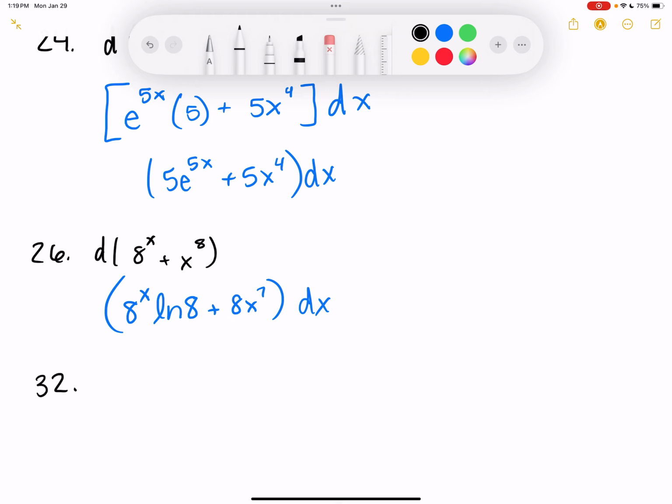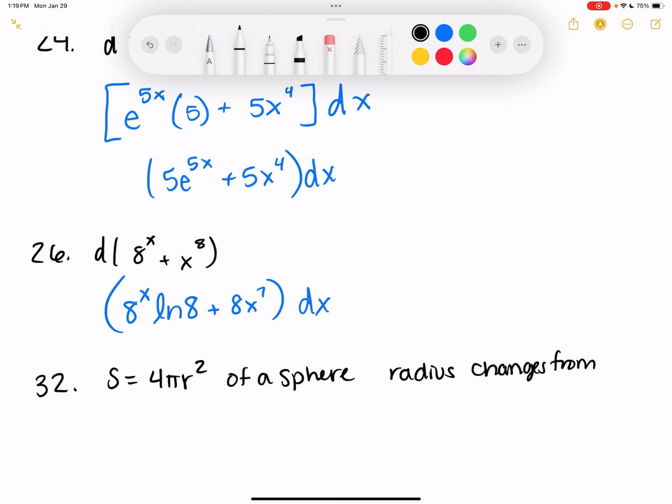The change in the surface area S equals 4 pi r squared of a sphere when the radius changes from a to a plus dr.